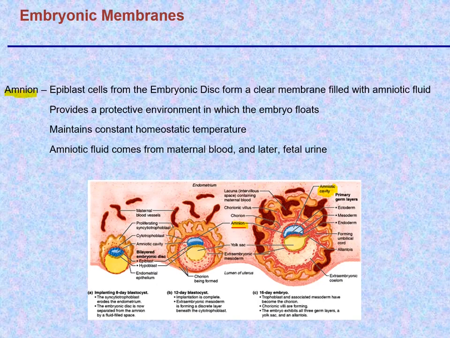And this provides a protective environment that the embryo will float in as it develops, because these cells here in this area here will develop into the embryo, and they will float in that amniotic fluid, and it helps to maintain a balanced temperature, and it comes from, in fact, the maternal blood, and later on in development of the embryo, it comes from the fetal urine.